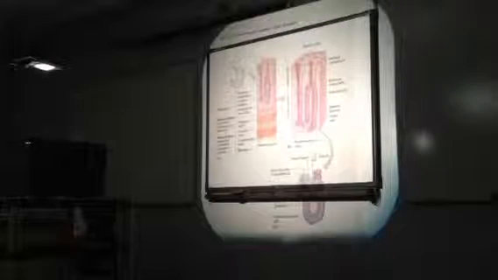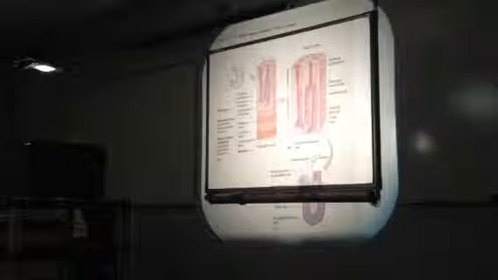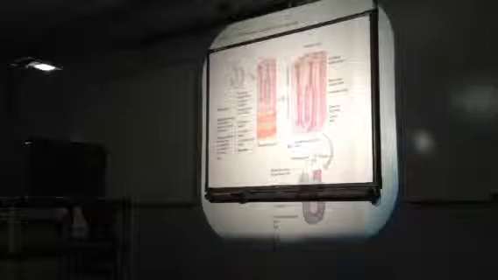So what I'm telling you is that the cephalic phase begins before food enters the stomach. Okay, that's what's interesting. Before food enters the stomach.